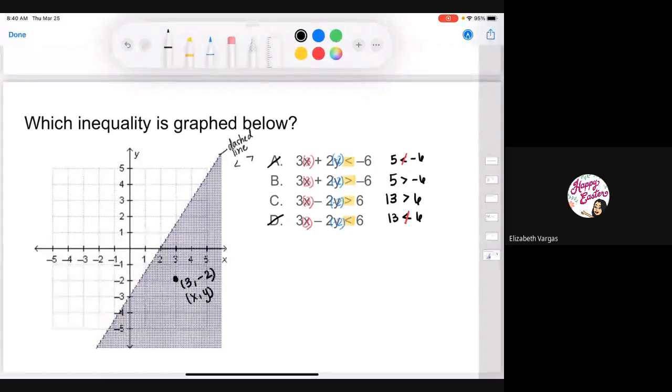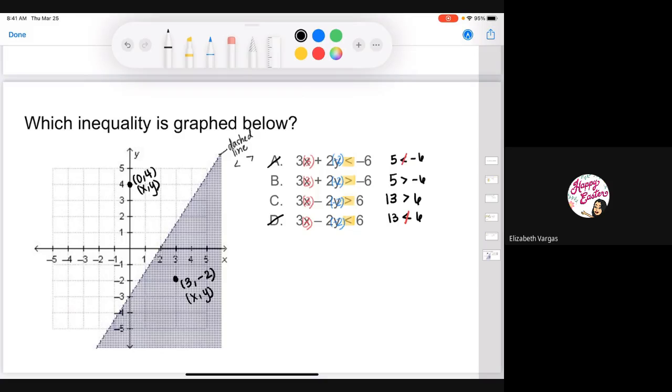And so in order to eliminate an answer choice, what I must do is I must try a solution set outside of the shaded area. So for example, I might try this one right here, 0 and 4. And what I'm looking for is any of these statements true with my solution set outside of the shaded area?